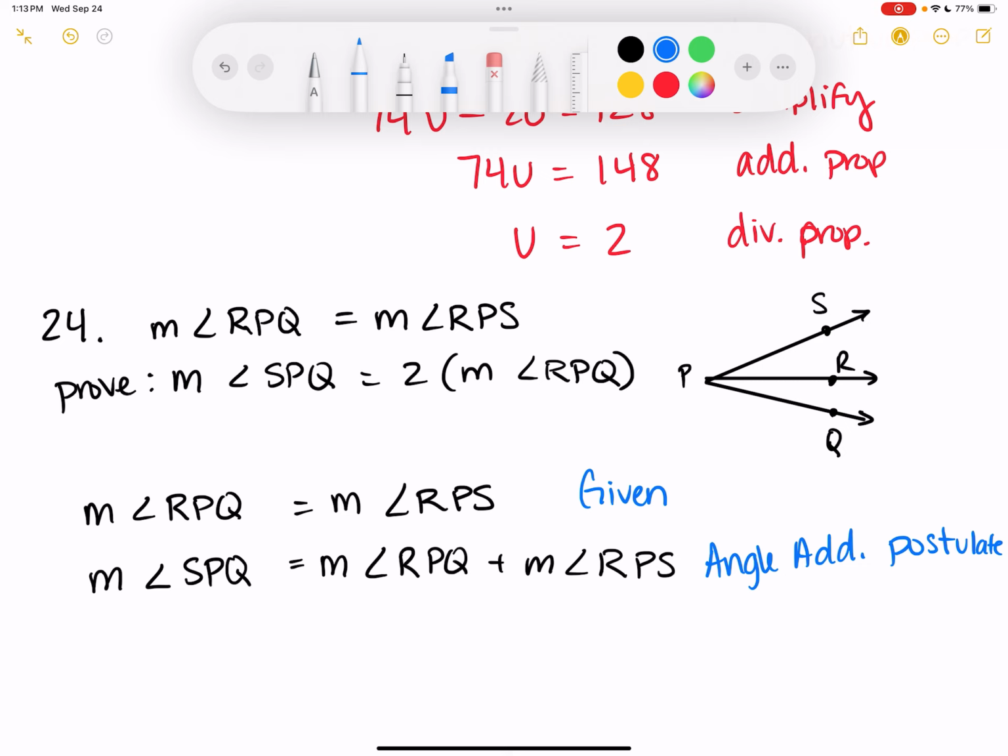All right, the next thing that they tell us is that the measure of angle SPQ is equal to the measure of angle RPQ plus the measure of angle RPQ. Any idea what the reason for this would be?